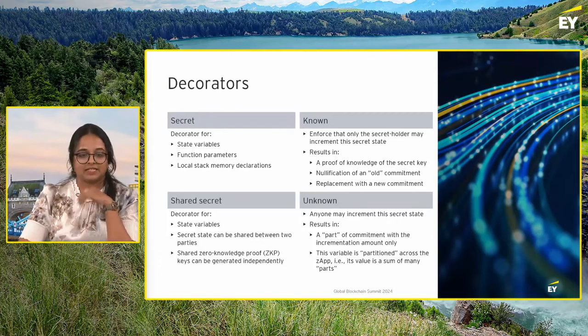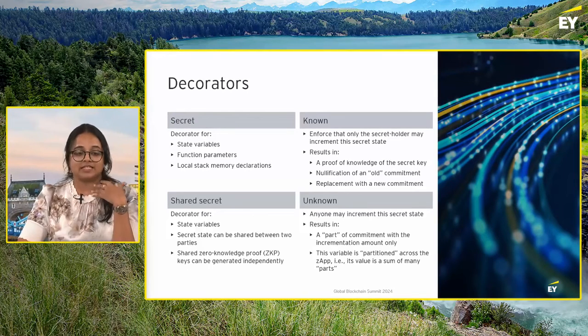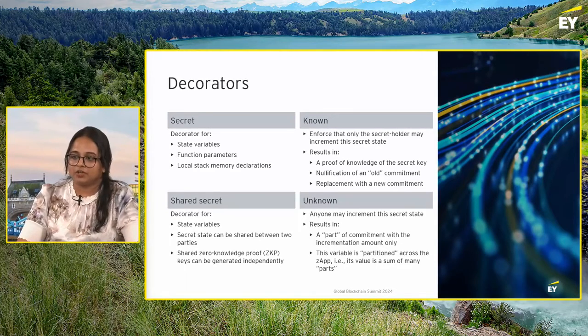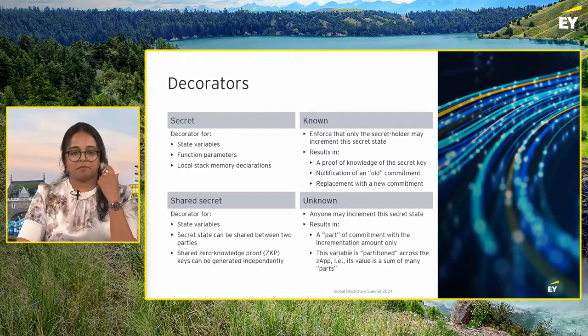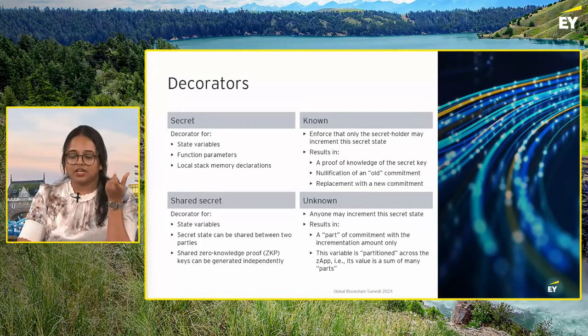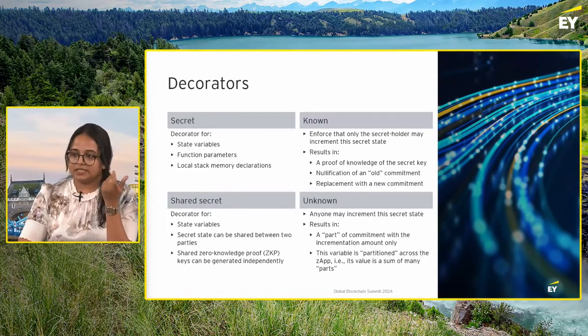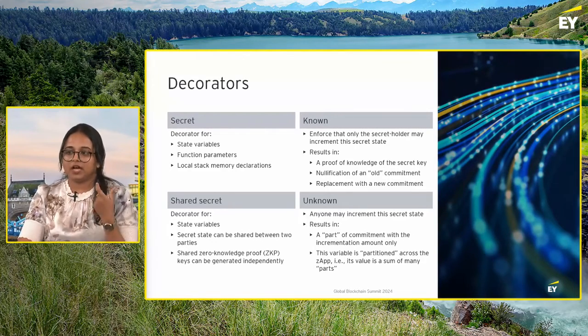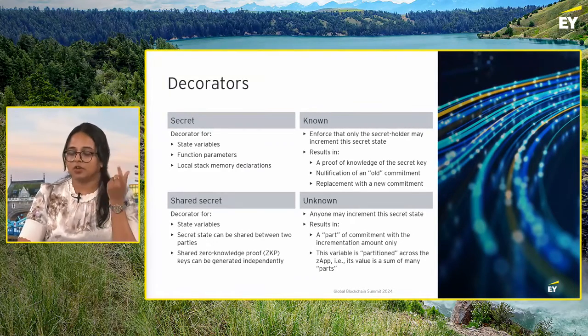The next thing is shared secret. This is quite recently introduced in Starlight. You might have a situation where you want to share your state with some other party, then you can mark that state shared secret. That will remain secret from any other party who doesn't know the shared secret, but it will be shared with the other party who is your sharer.